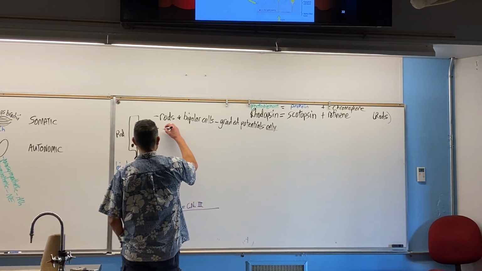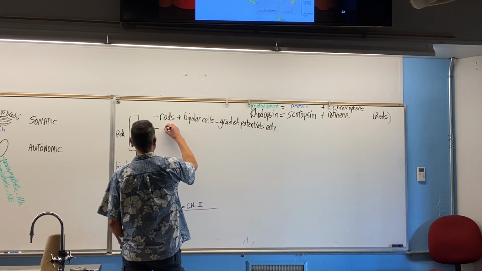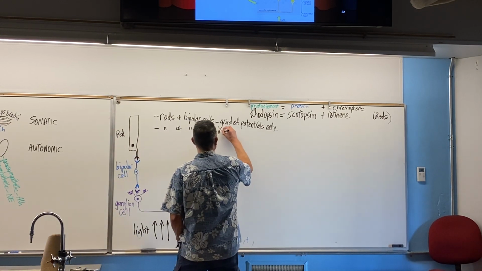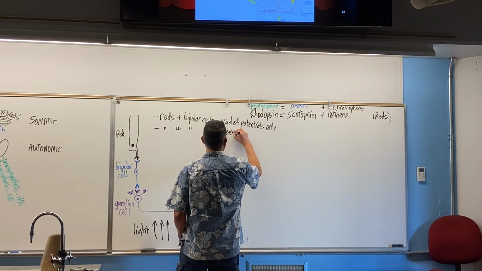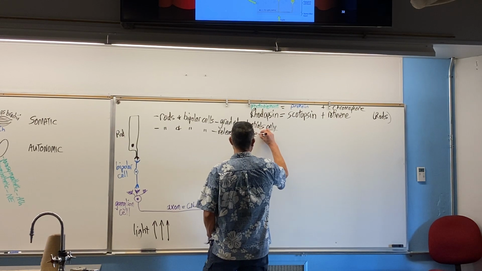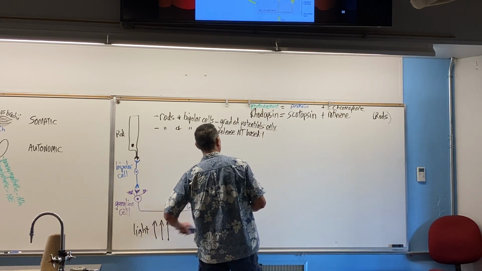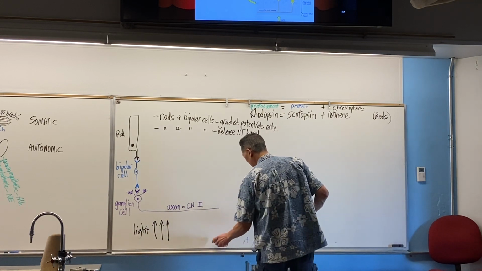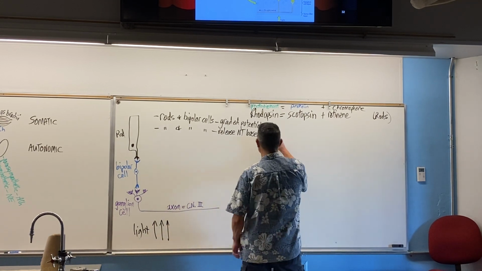Since there are no all or none action potentials, only graded potentials, rods and bipolar cells release neurotransmitters based on degree of depolarization. The more depolarized it is, the more neurotransmitters it releases.